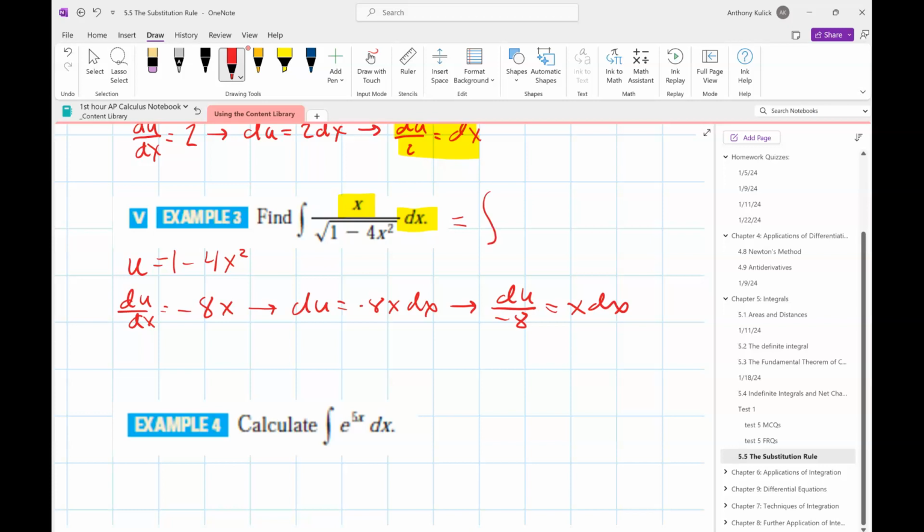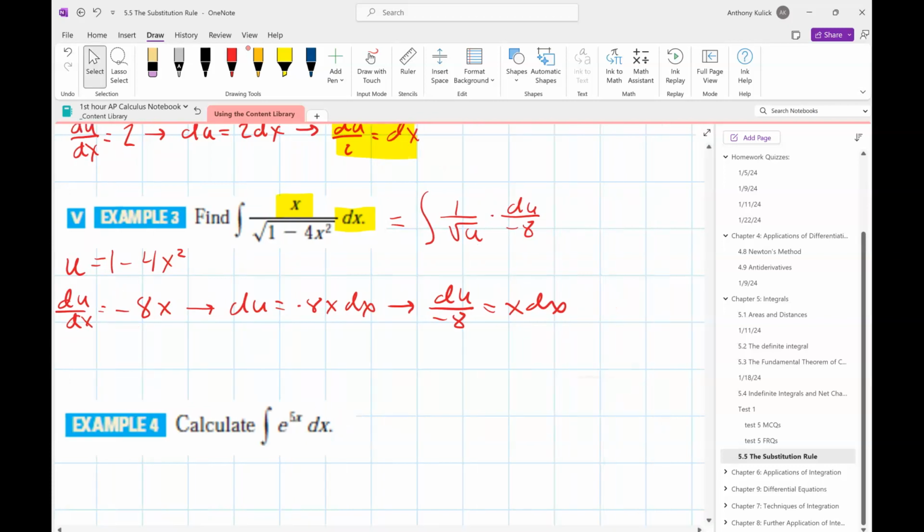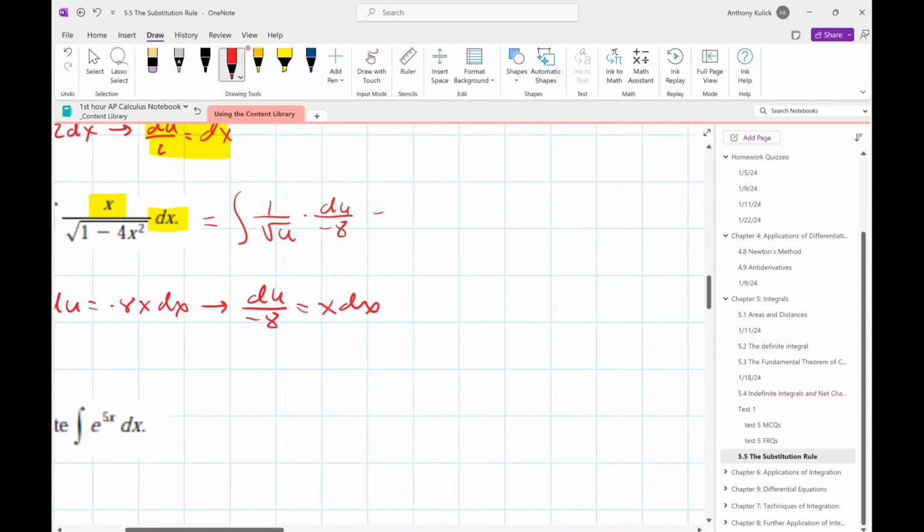So I'll make my substitution. So we'll pull our constant out front. And then I'll rewrite 1 over the square root of u as u to the negative 1/2.